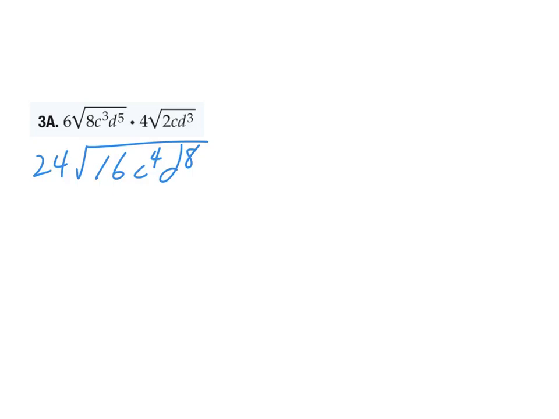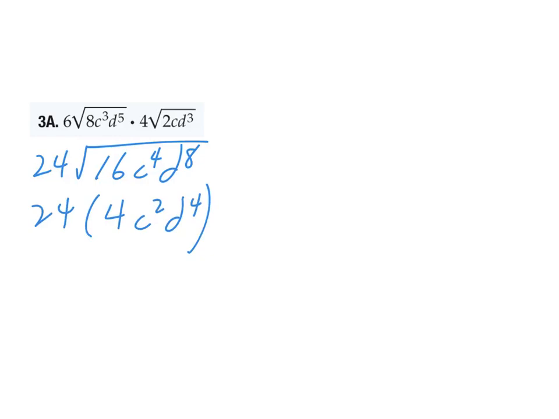And now I take care of this radical just like I did before. Okay, so I've got the square root of 16, which is what? 4. Square root of C to the fourth. C squared. Square root of D to the eighth. D to the fourth. Okay, so this is really what I have right now.